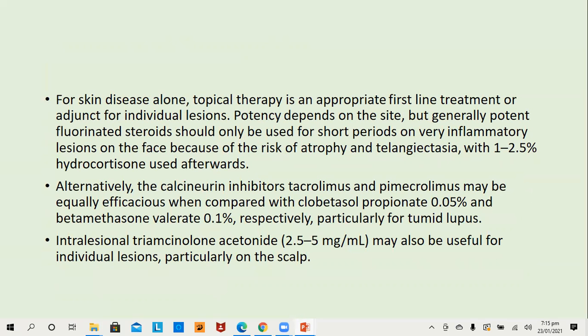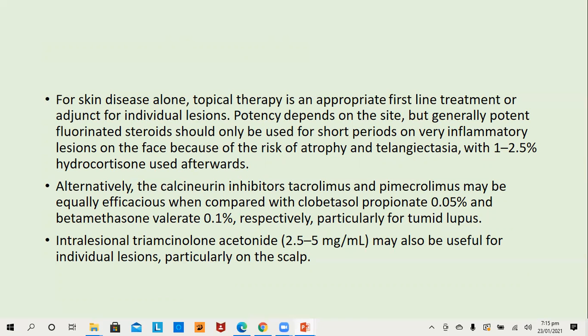For skin disease alone, topical therapy is quite appropriate, first-line therapy. Potency depends upon the site, but generally potent fluorinated topical corticosteroids should only be used for a shorter period of time on very inflamed lesions of the face, because they have a potential of causing atrophy and telangiectasias.